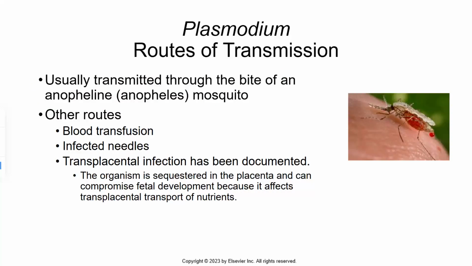So, routes of transmission: it's usually transmitted, like I mentioned, through the bite of an Anopheline or Anopheles mosquito. Other routes would be a blood transfusion or infected needles. Transplacental infection has been documented. The organism is sequestered in the placenta and can compromise fetal development because it affects the transplacental transport of nutrients.